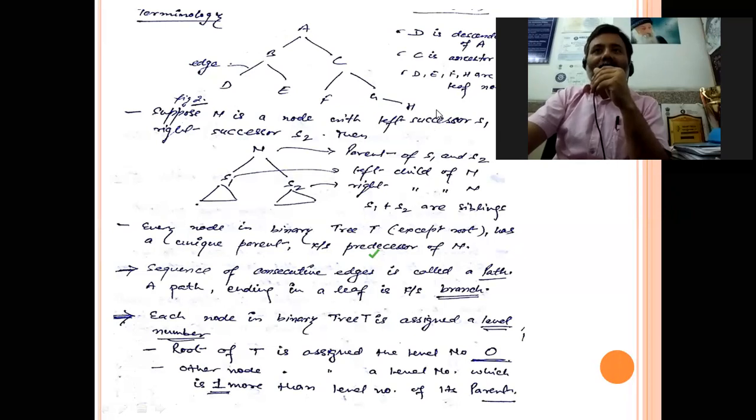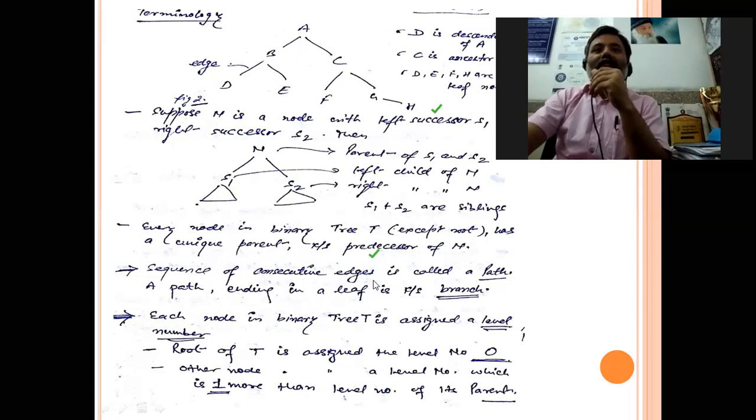Just like successor, we have the term predecessor. Like D is successor of B. Similarly, B is predecessor of D. So successor and predecessor are related.